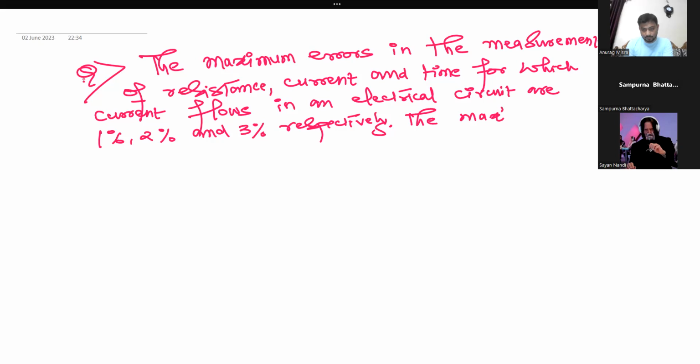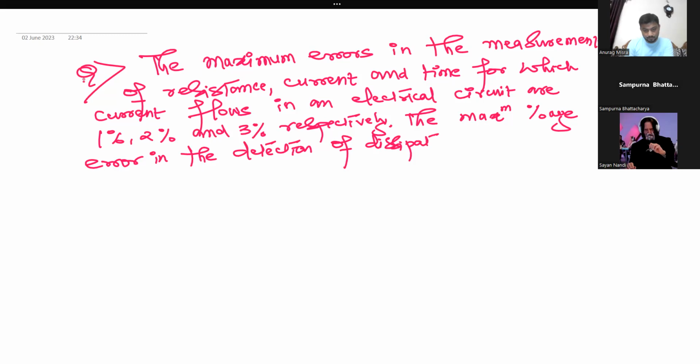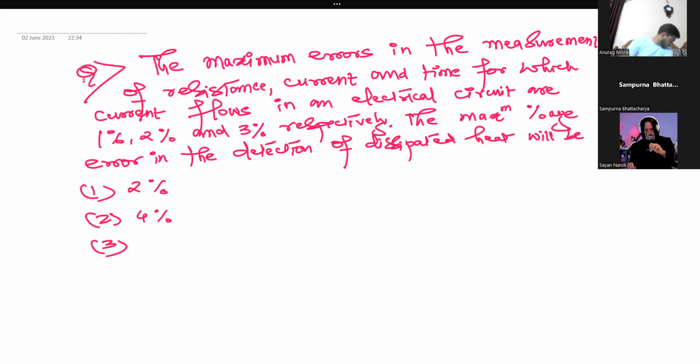The maximum percentage error in detection of dissipated heat will be: first option 2, second option 4, option 3 is 6, option 4 is 8.